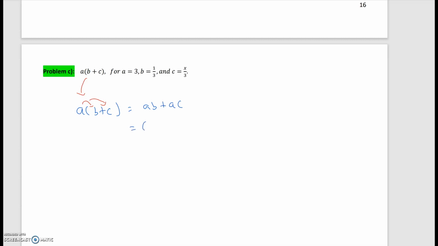And in this case, let me put parentheses. Our value of A is equal to 3. B is equal to 1/3. And then 3, and then C is x over 3.